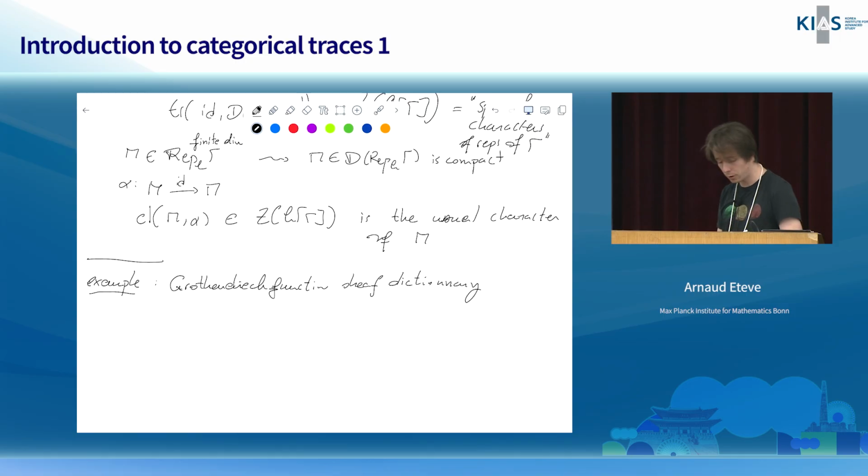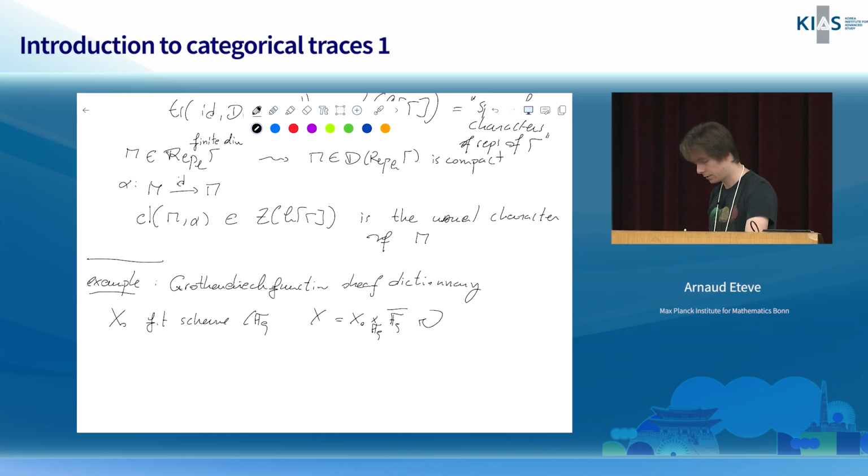So the setup is as follows. We'll take X naught to be a finite type scheme over F_q. X will be the base change to F_q bar. So it carries an endomorphism, f, which will be the geometric Frobenius. And then our category C is going to be sheaves on X valued in Q_l bar.